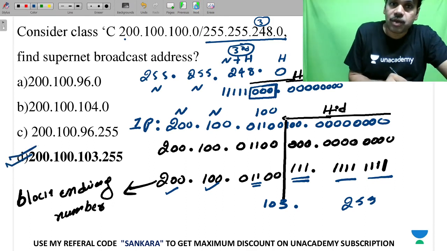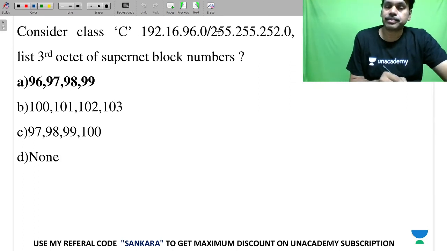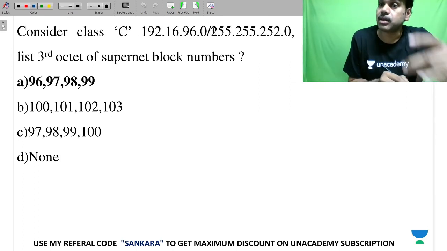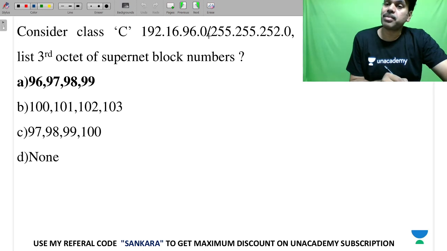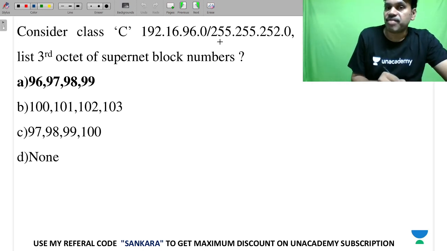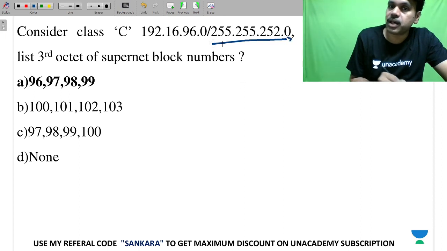Now let us solve one more question. He is asking supernet block numbers. This is a very interesting question. First, let us see whether it is supernetting or not.